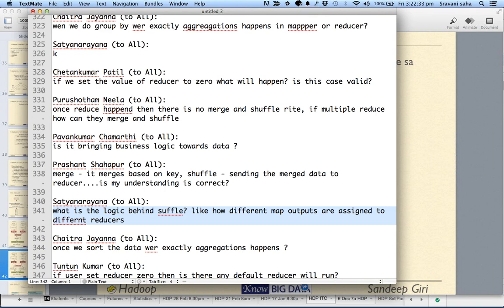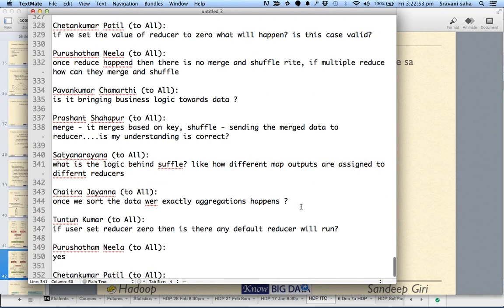If you have two reducers, it is arbitrarily decided. Also, you can write your own partitioner function, which will help Hadoop decide which reducer gets which keys.